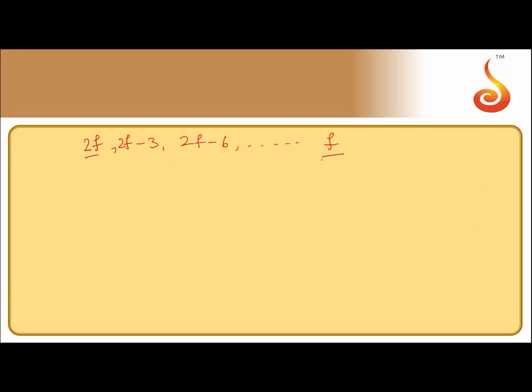Now these tuning forks are kept in arithmetic progression with common difference -3. The 28th tuning fork has frequency F, and the first tuning fork has frequency 2F. We know that in an arithmetic progression, the nth term is given by Tn is equal to A plus n minus 1 into D. So the 28th is F, A is 2F, plus 28 minus 1 into -3.